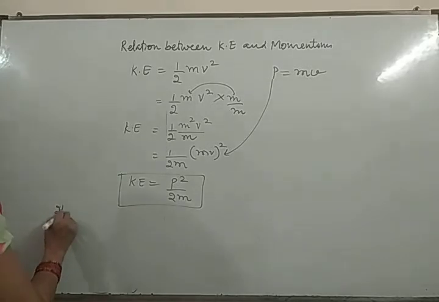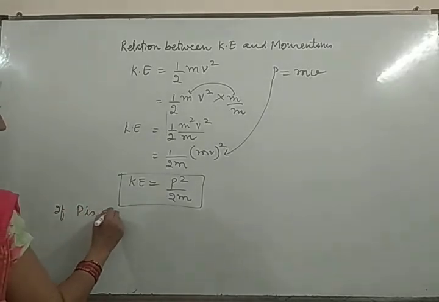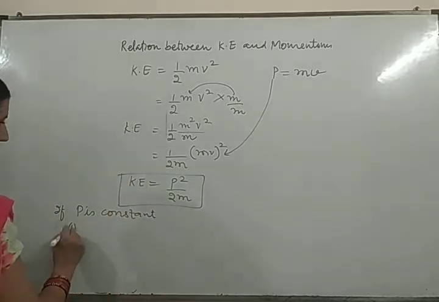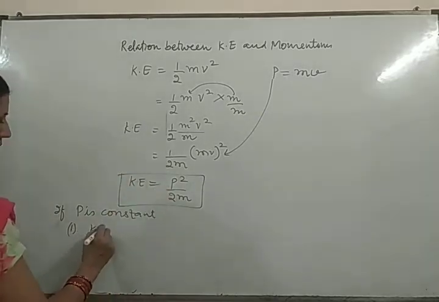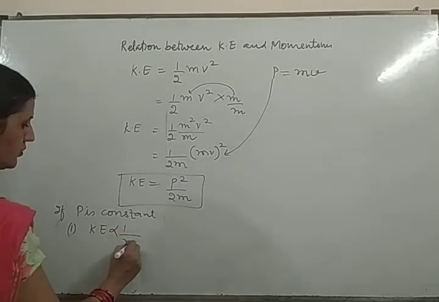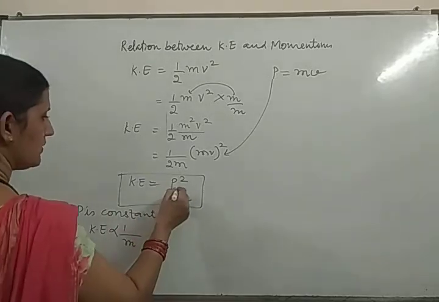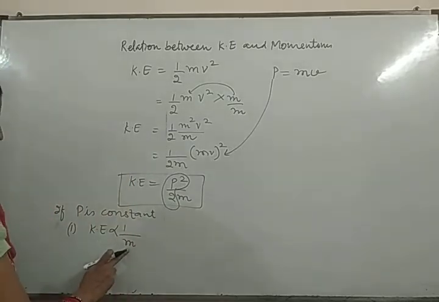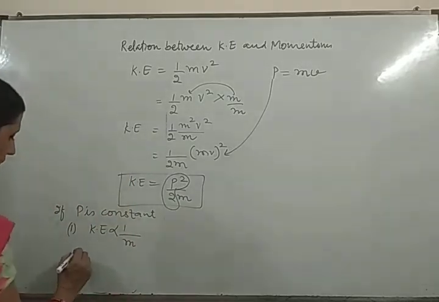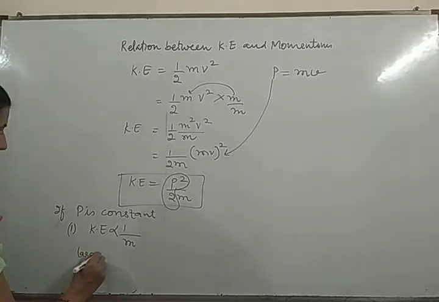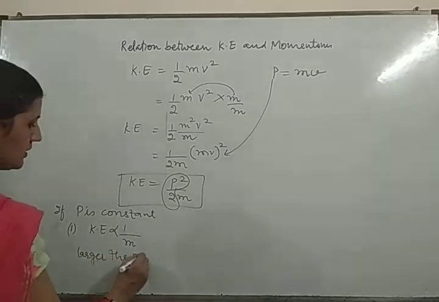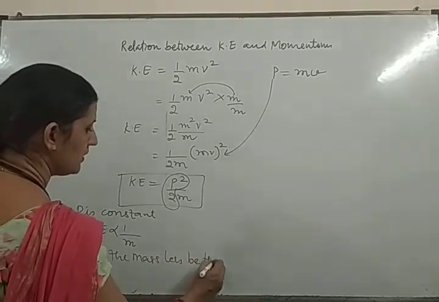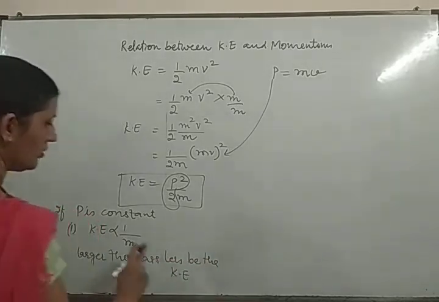If p is constant, what conclusion can you draw? The kinetic energy is inversely proportional to mass, because you have taken p as constant, and 2 is already constant. Larger the mass, less will be the kinetic energy, but only in this case.